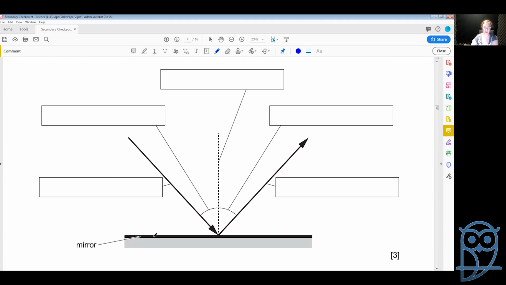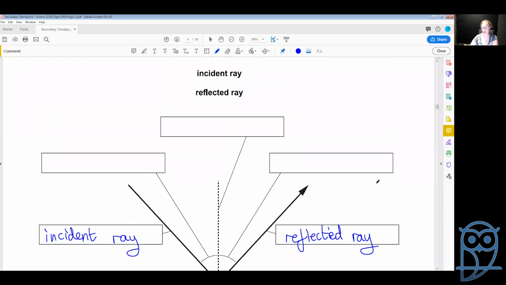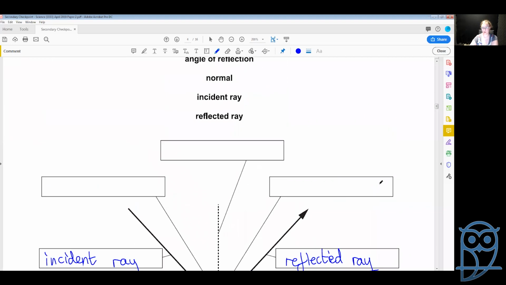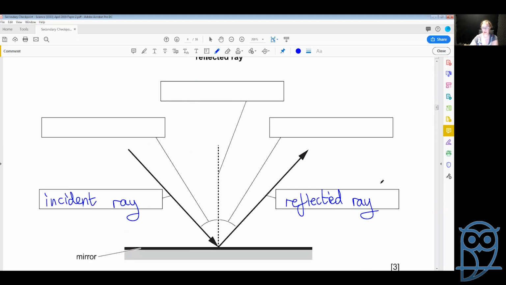So we have our mirror here. This is the incoming light ray. This is the outgoing light ray. So this will be the incident light or incident ray. This will be the reflected ray. Because they are the words that we can choose from. So that gives us an idea.